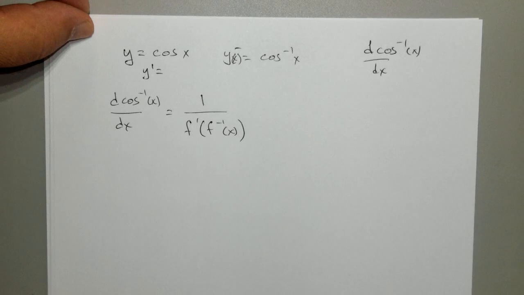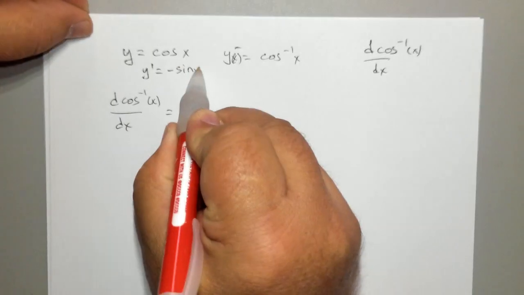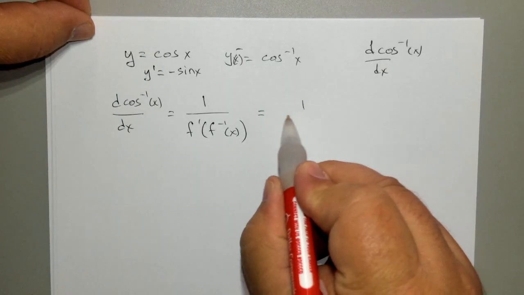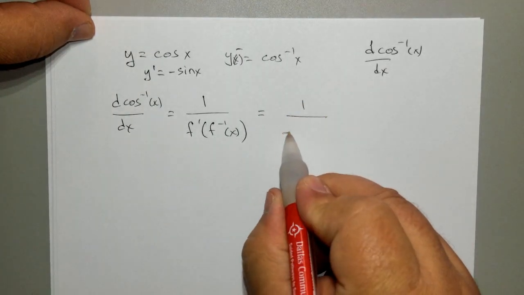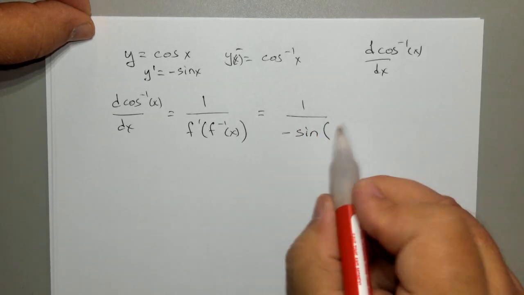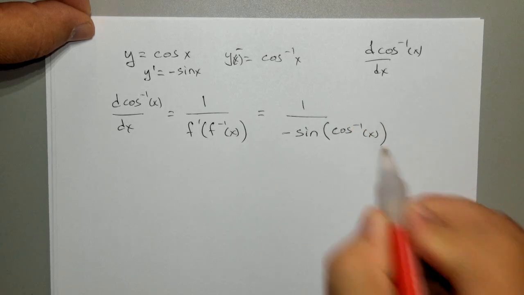What's the derivative of cosine x? Negative sine x. So it's a negative sine of the inverse cosine of x.